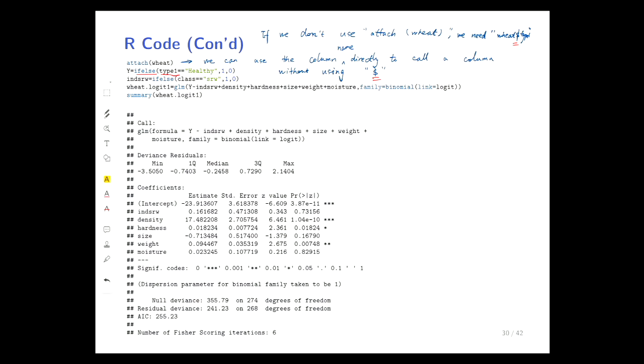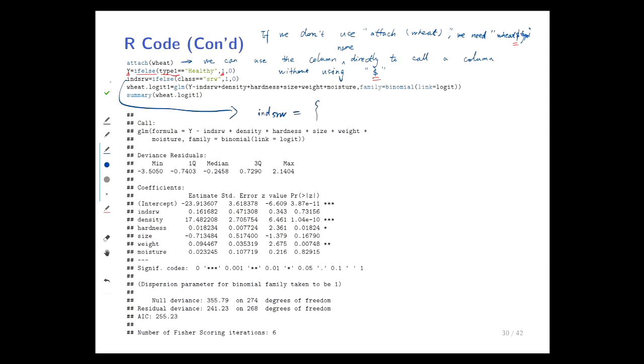And the next thing is just to define our response variable. Our response variable y here equals 1 if type 1 equals healthy and otherwise 0. So that's our response variable. And also, because we have already mentioned how to deal with the categorical explanatory variable, we transform this variable into an indicator variable with 2 values. This INDSRW is the indicator variable.